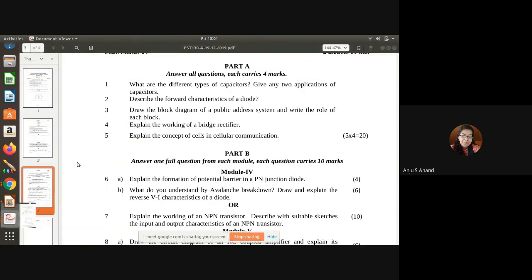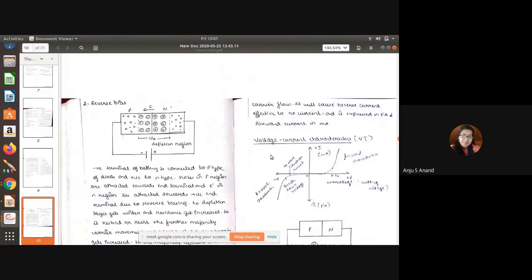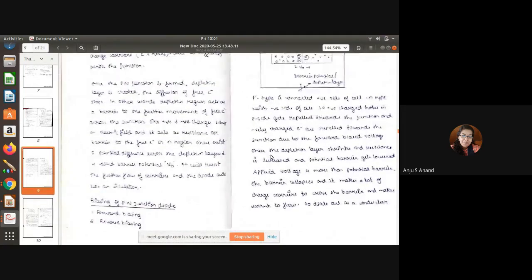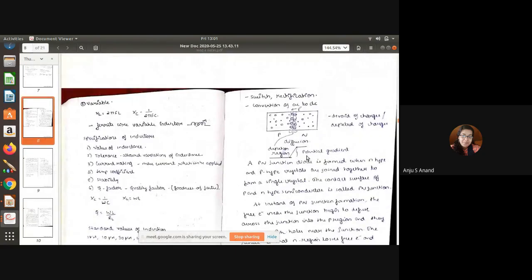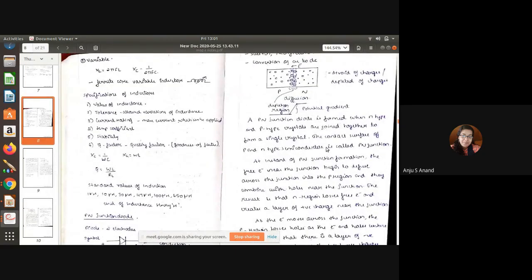So again we are going to our notes that we have discussed in the contact classes. How is this depletion layer formed? Here it is the formation of depletion layer.